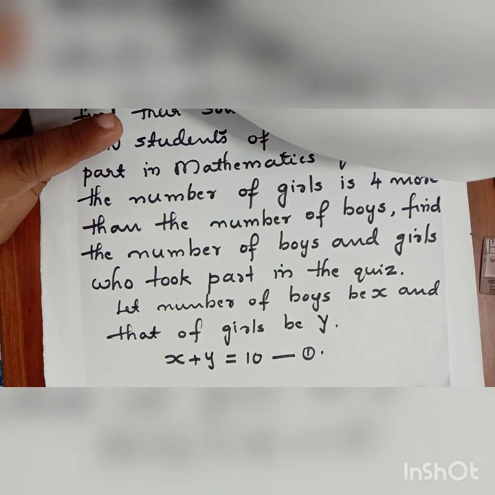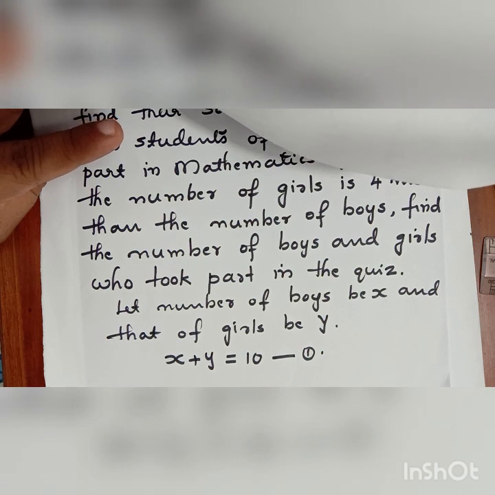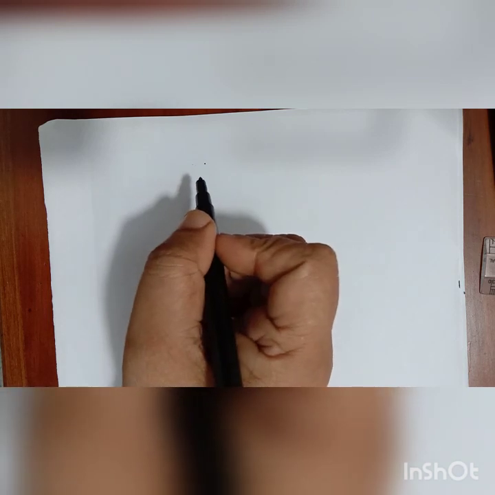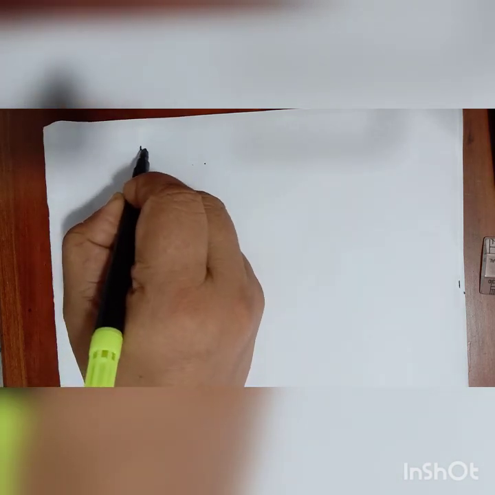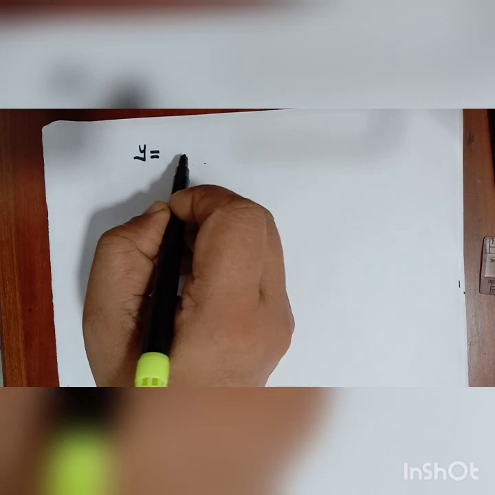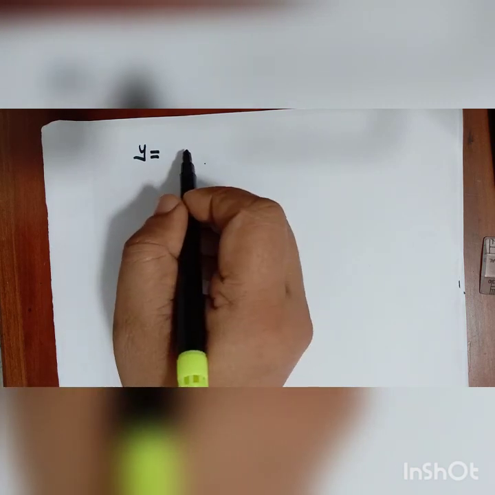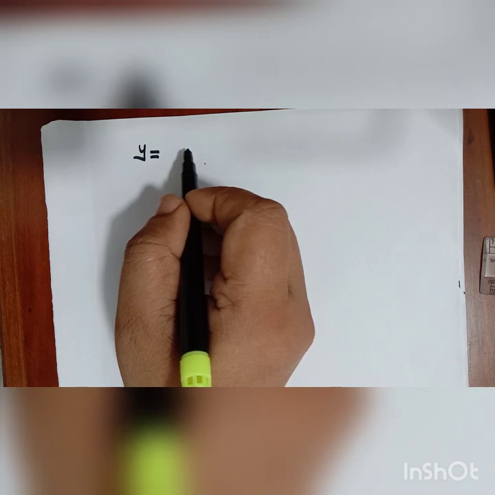So how do we get the second equation? We have to read it. Number of girls is 4 more than number of boys. So let us write the second condition. Number of girls, we have taken as y. y is equal to 4 more than number of boys.